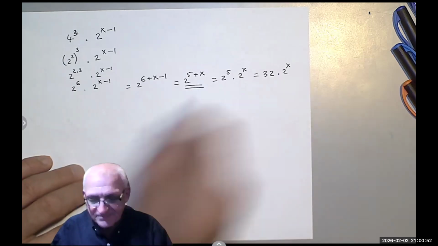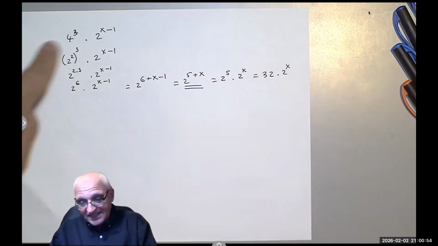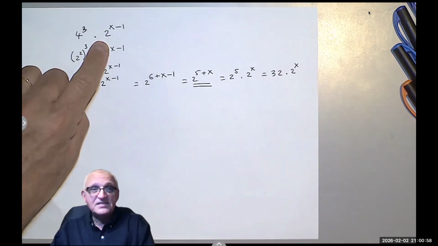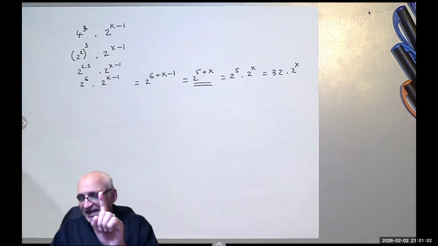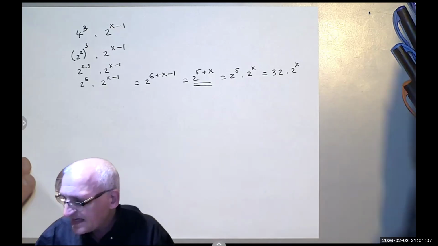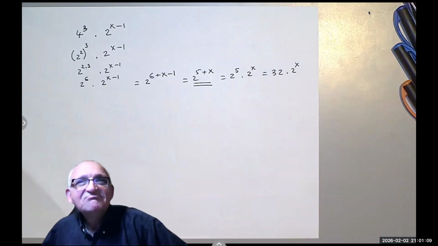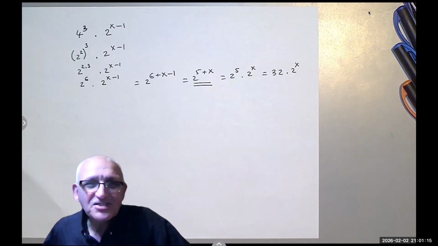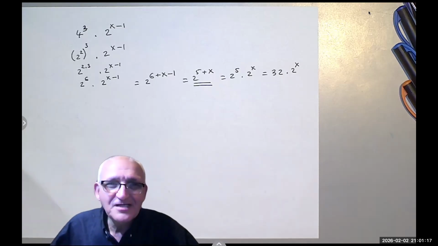This is good enough. So you see, I had a 4 and a 2. It's not the same base, but I can make them the same base. Okay? In fact, I hope this doesn't confuse you, but someone may say, I don't want to play a trick on my teacher, but make my teacher's life harder in grading.